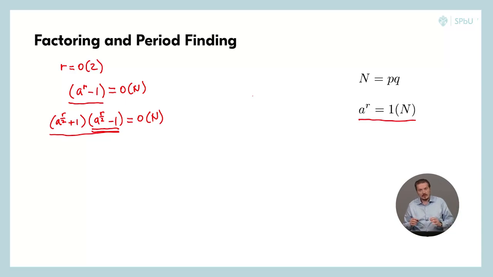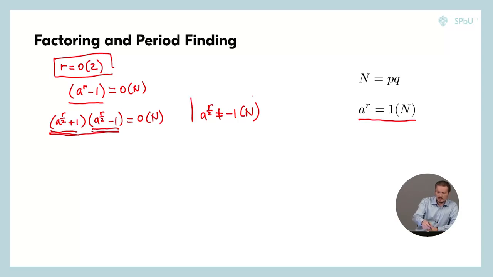And let's assume that we are even more lucky today, and n also doesn't divide this factor. So we write it like this: a to the power r divided by 2 is not equal to minus 1 modulo n. So these are our assumptions, which depend on our luck.